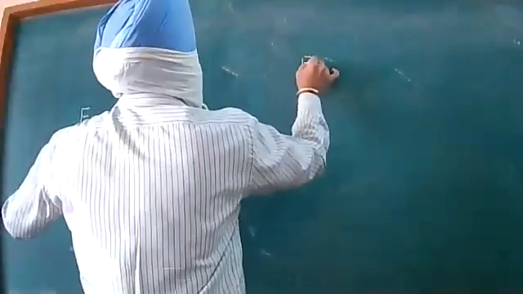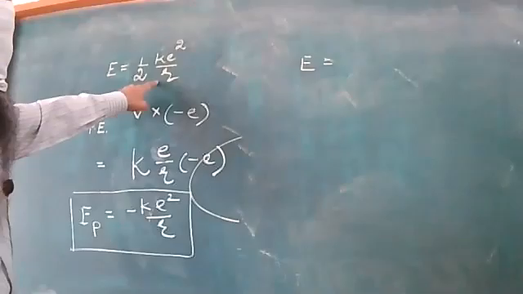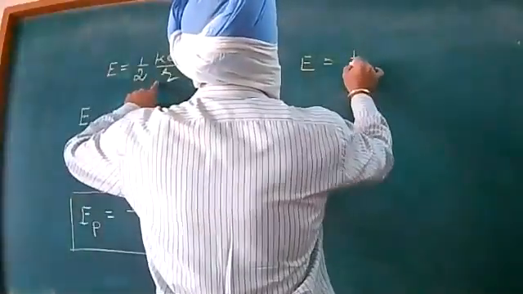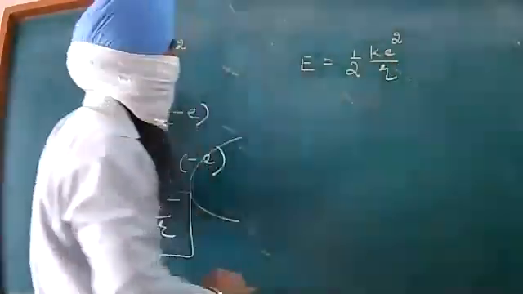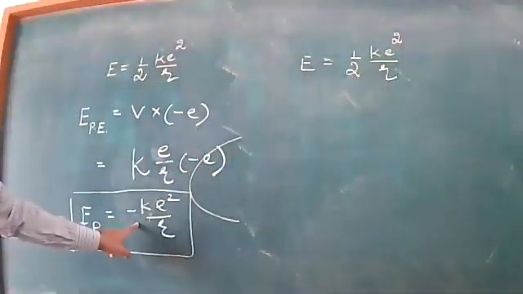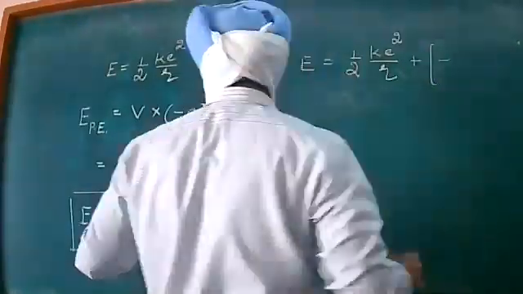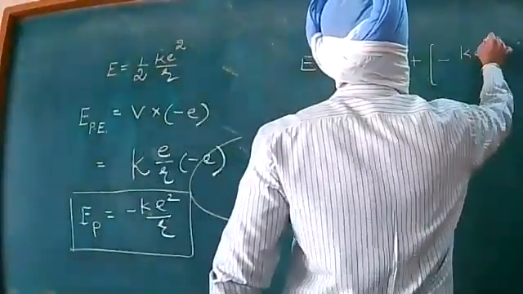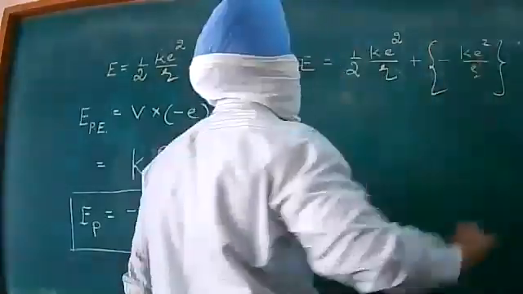Here it goes. This is total energy: kinetic energy beta, 1 by 2 k e square upon r, and obviously plus the negative sign along with this term, which is k e square upon r. You can manage it in this manner beta.